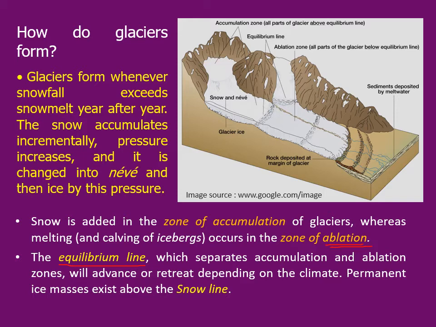In geological time span, the activity of glaciers is more pronounced depending on the global temperature. That means when there is global cooling, the activity of glaciers is more pronounced, and more and more surface area of the earth is covered with ice, as happened during Pleistocene time.